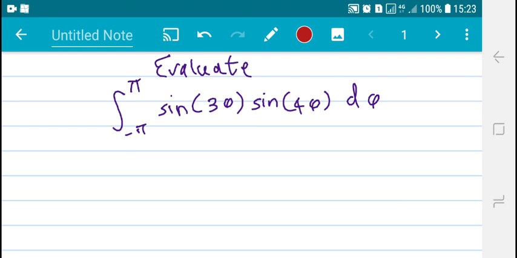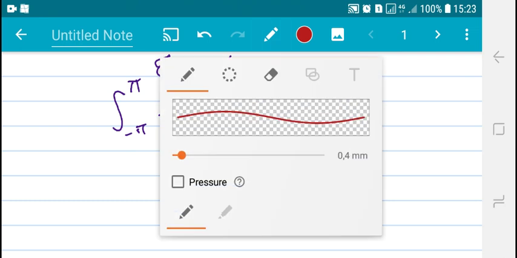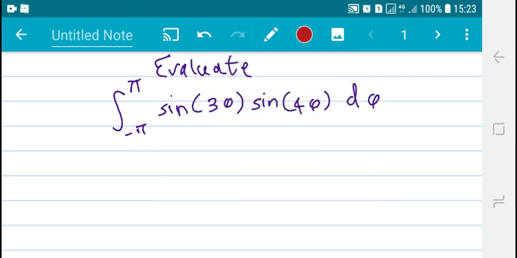So we just go from negative pi to pi, cosine of, let this be m, and let this be n.